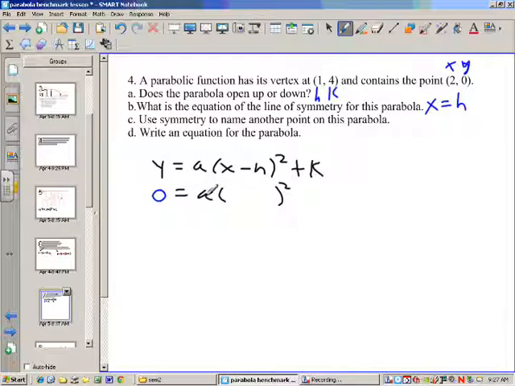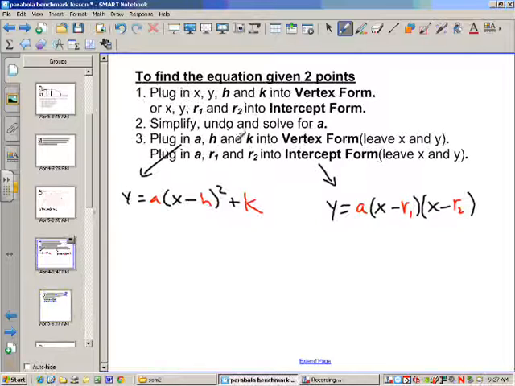So we have 0 equals a, the thing we don't know, times x of 2 minus h, which in this case is 1, squared, plus 4. Remember the steps: simplify, undo, solve.